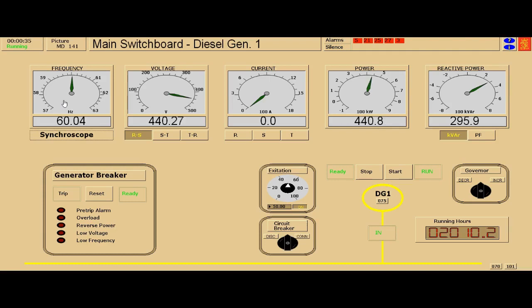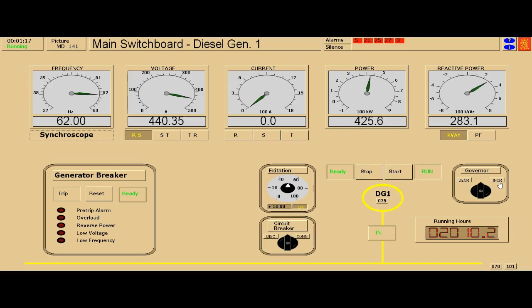Let us now increase the frequency of this generator and observe the changes in RPM. As of the moment, the frequency is 62 Hz.